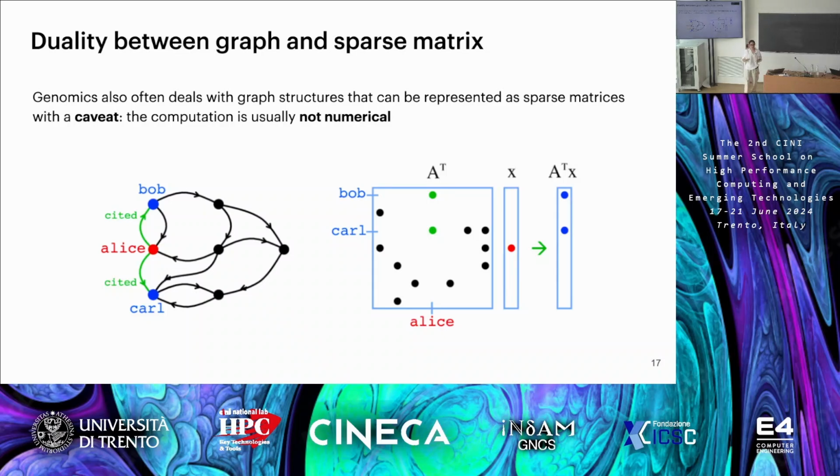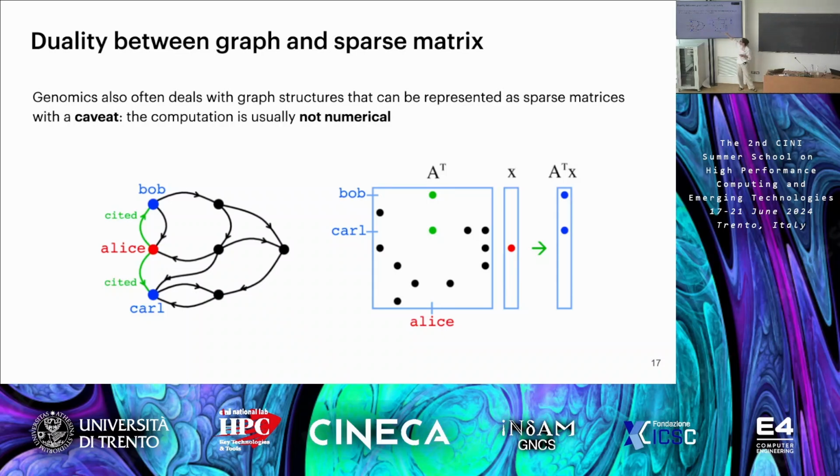Usually we represent a graph as an adjacency matrix. So here is a classical example. This is a graph that connects how people cited each other, and then you can recreate the exact same structure using a sparse matrix. Where you have Bob and Carl on the rows, which are people that are citing somebody, and the columns are people that are being cited.